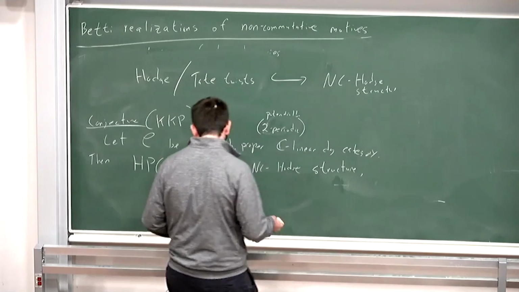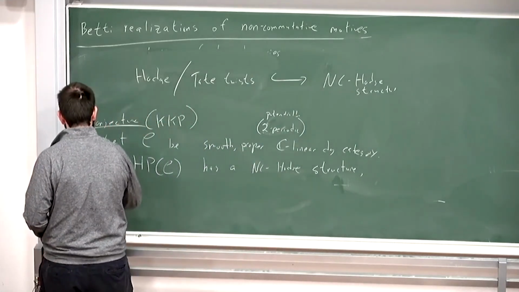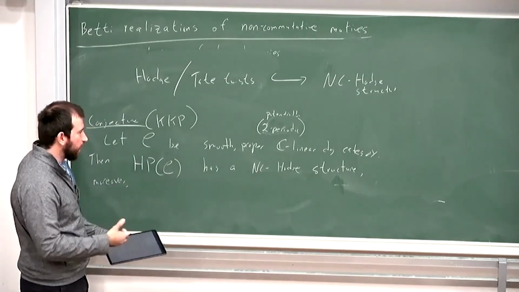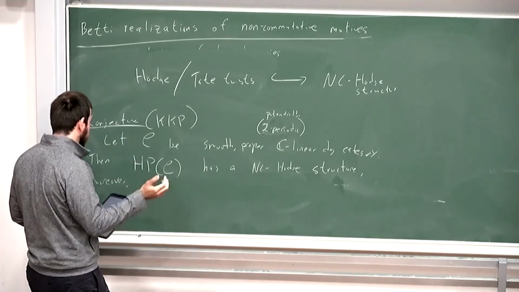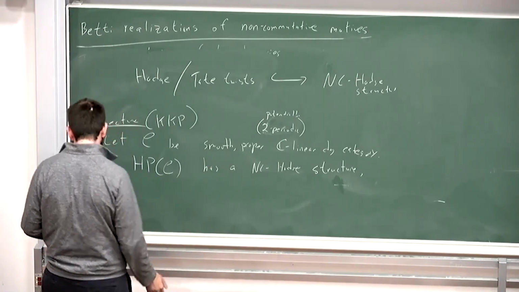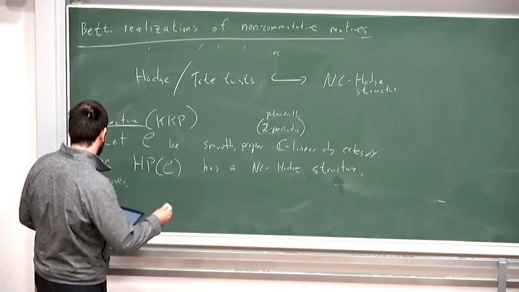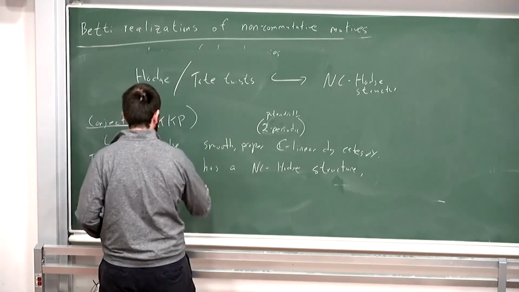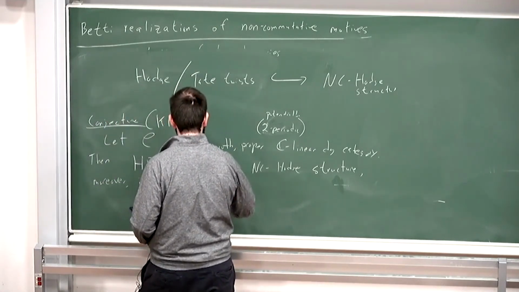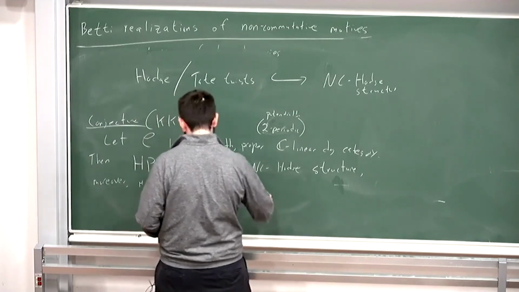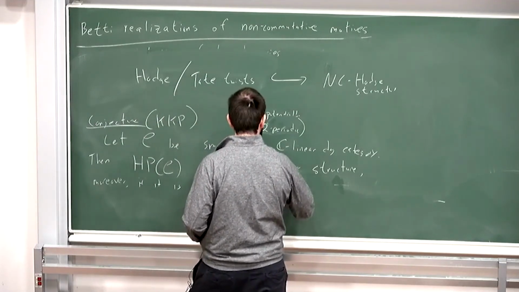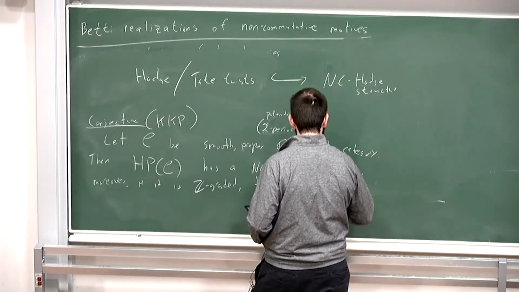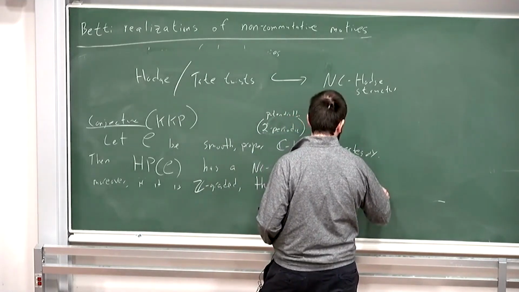And moreover, if it's Z2 graded and it can be refined to an ordinary ungraded or Z graded C linear DG category, then this is just an ordinary Hodge structure. So if it is Z graded, then HP is an ordinary Hodge structure.